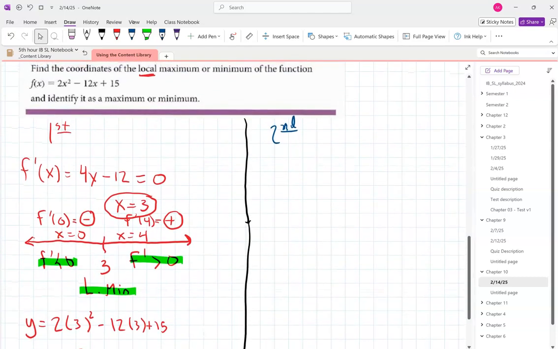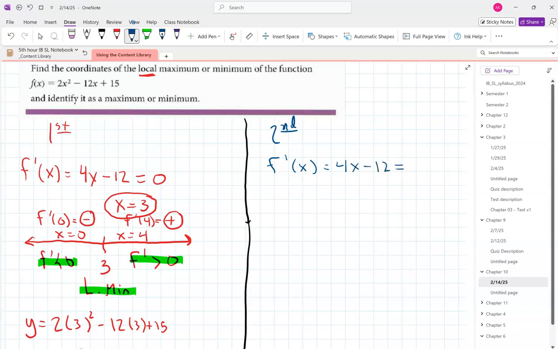We'll do the same thing now with the second derivative. So to do the second derivative test, I need to find the first derivative to start with, and again, I recognize that 4x minus 12 is never undefined. So all I need to do is set it equal to 0 and solve. So I get 3. And then to find whether that's a local minimum or maximum, I need to find the second derivative.